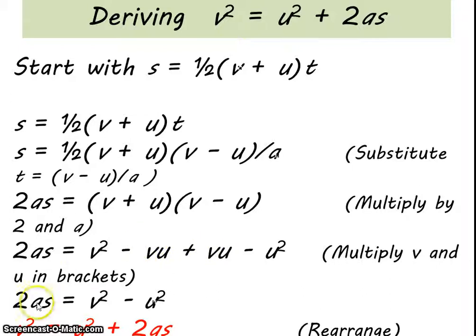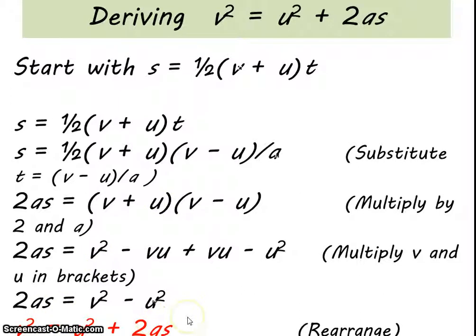So, carrying on from there, we then just have 2as is equal to v squared minus u squared. The final equation then is just a simple swapping around to give us v squared is equal to u squared plus 2as.